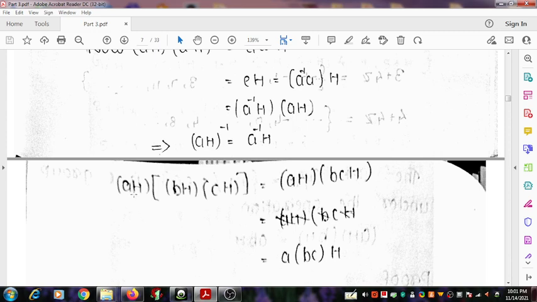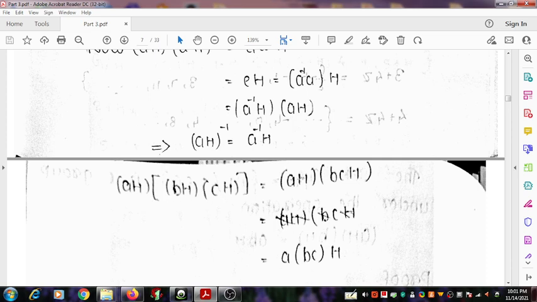After choosing these elements, you can operate the second and third elements first, so BH into CH. After that, that result will be pre-multiplied by AH.